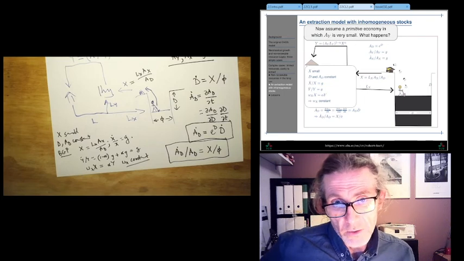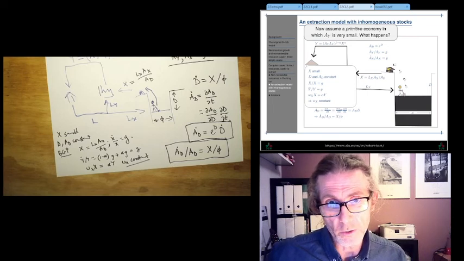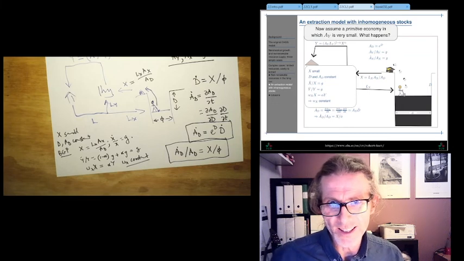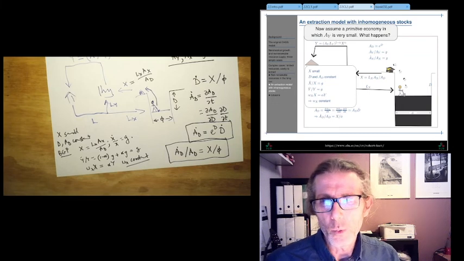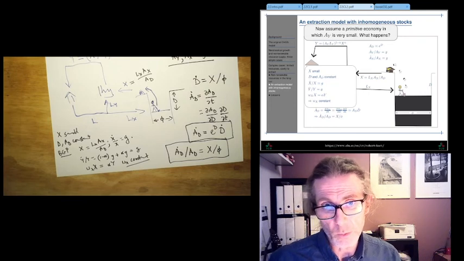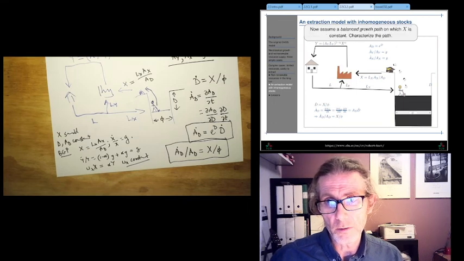Okay, so that's the early days, and that is like the abundant resource, costly to extract. That's what we're seeing today. Okay, we're scratching the surface, apparently, of our resource stocks. That's why prices aren't going up, according to this model.